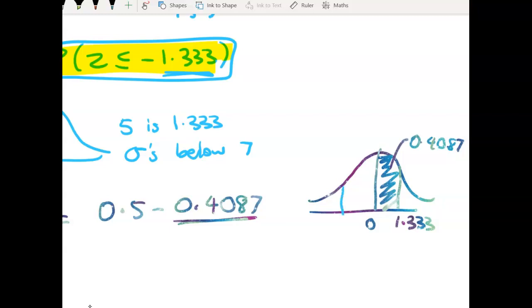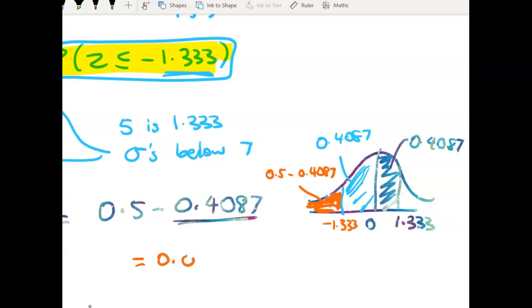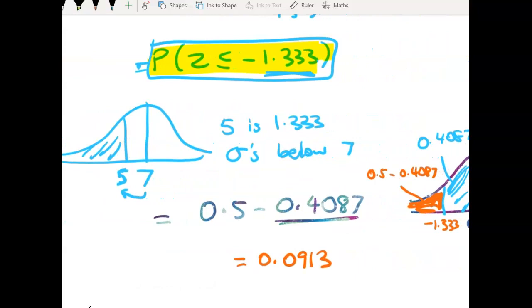And that means that by symmetry, this number here must also be 0.4087. And the bit that I want is this orange bit in here. And this has to be equal to 0.5 minus 0.4087. So that equals 0.0913. Now I've done that really slowly, but that's because this is the first time we've done this in ages.